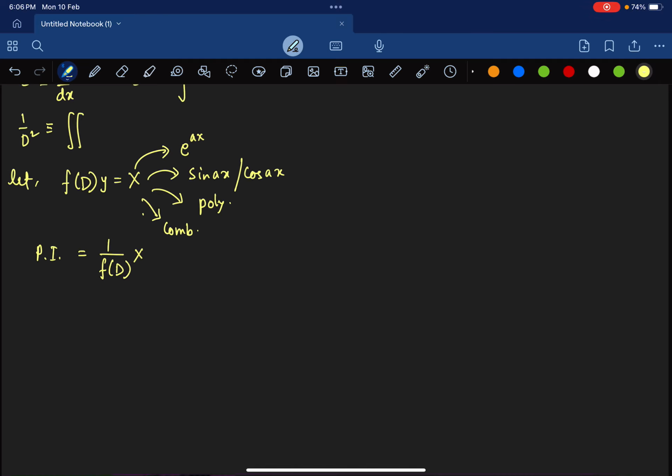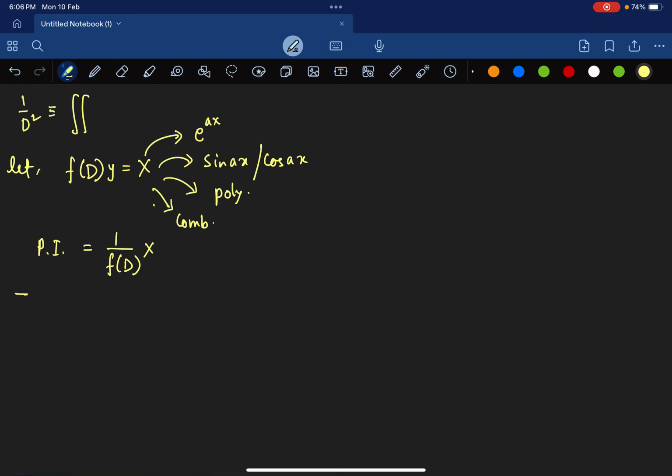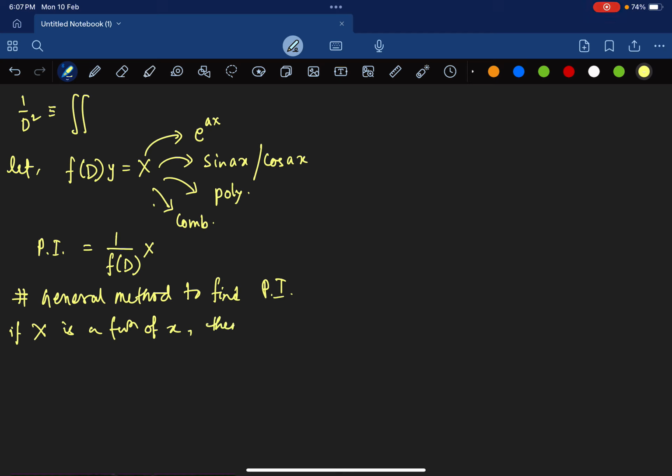One important result you should consider here, the general method to find the particular integral: if X is a function of small x, then the particular integral is given by 1/(D - alpha) of X, which is e^(alpha x) times the integral of X e^(-alpha x) dx.